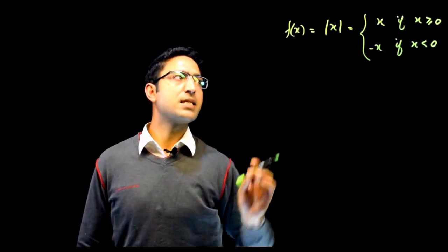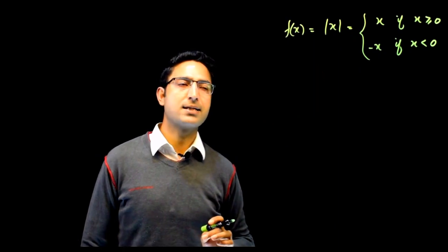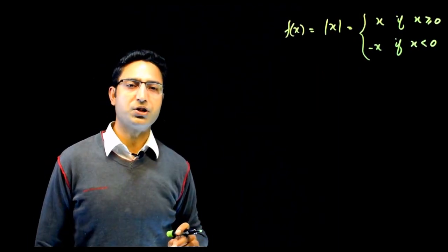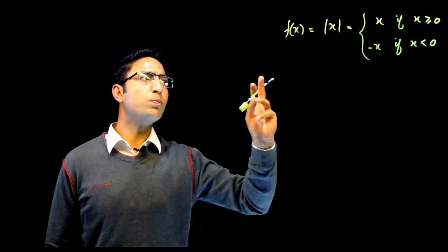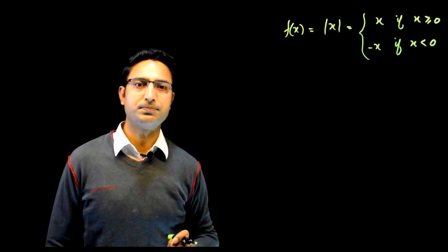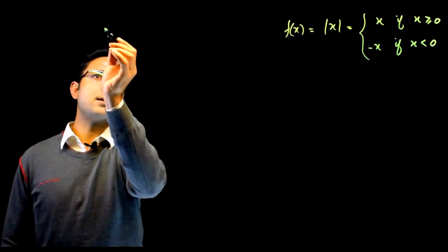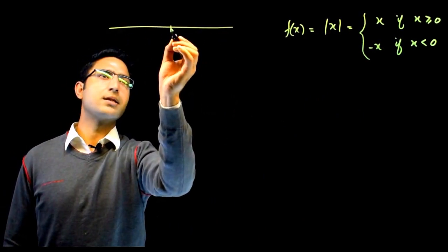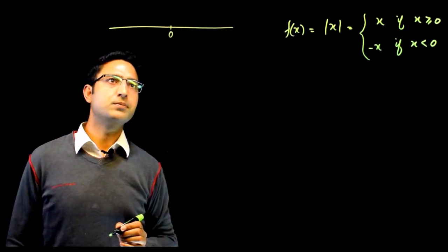So f(x) is defined as x if x is greater or equal to 0 and minus x if x is less than 0. This is a piecewise defined function where the function is split into two parts at x equals 0. So if this is the real axis, this is the point 0.